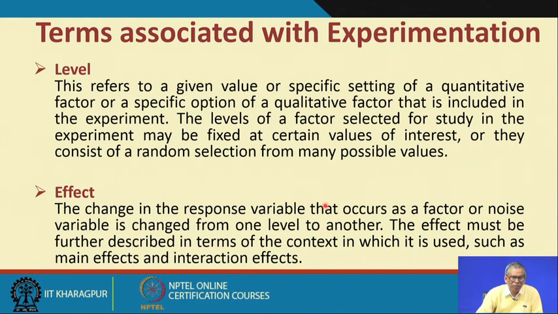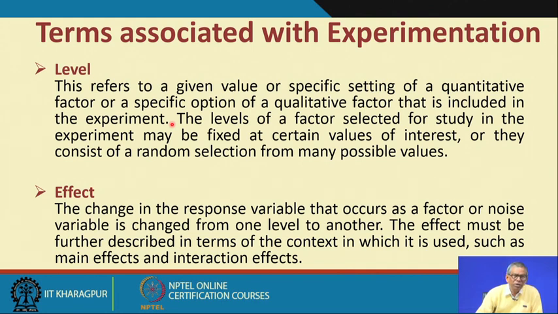What is a level? I have used the term level. This refers to a given value or specific setting of a quantitative factor, or a specific option of a qualitative factor, that is included in the experiment. Suppose you consider a factor called A, and it can have a low value or a high value.